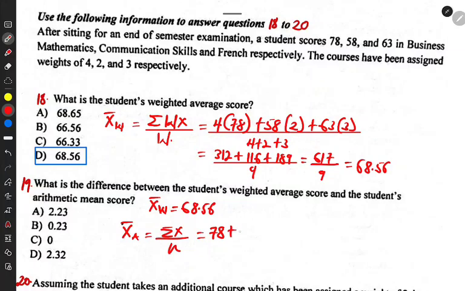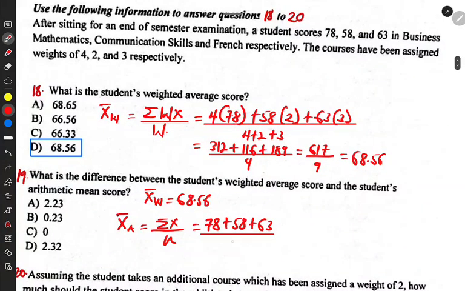So we have 78 plus 58 plus 63, all divided by the number, which is 3. So the arithmetic score is equal to 199 divided by 3, which is 66.33.